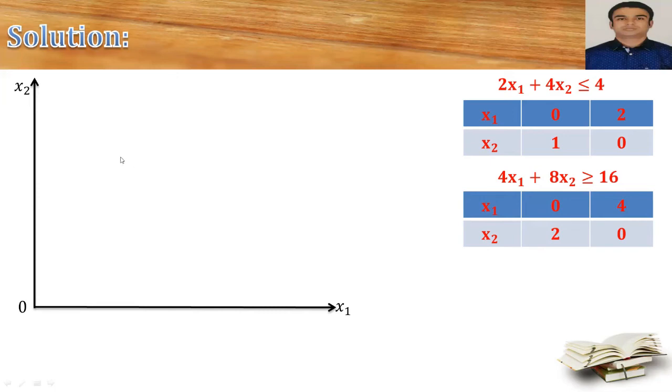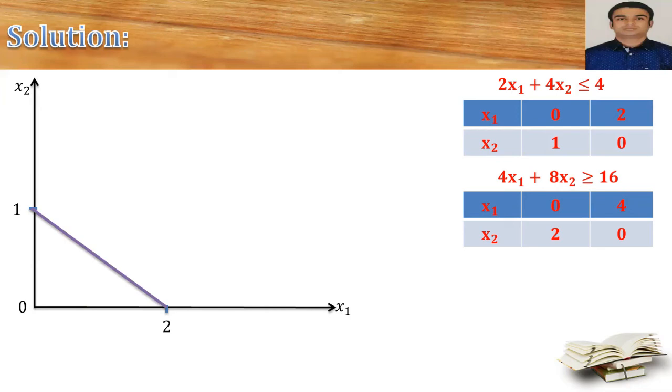Now draw the graph. For the first constraint equation, the first point is (0, 1). Mark that point. The second point is (2, 0). Mark that point. Join both points. This is our first line for the constraint equation 2x1 + 4x2 >= 4.